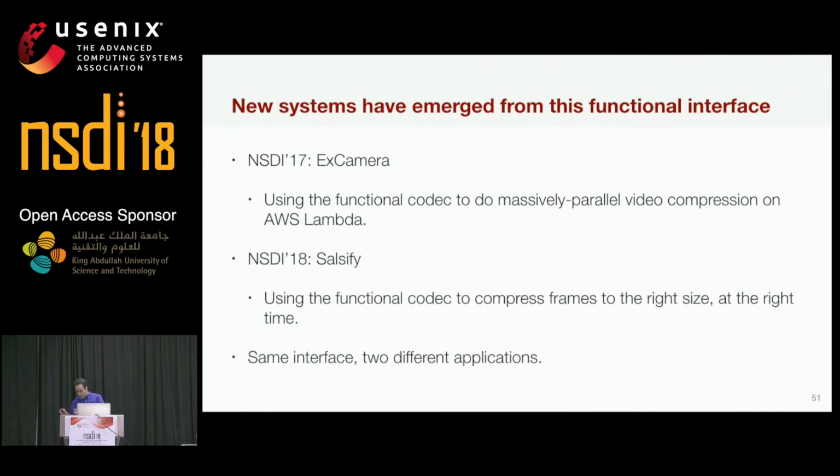Today, I talked about a system that used the same abstraction for the video codec in a completely different setting to compress frames to the right size at the right time. You see the same interface, two completely different benefits. So we can just think that there might be a lot of other applications that can actually benefit from this richer interface to the codec.